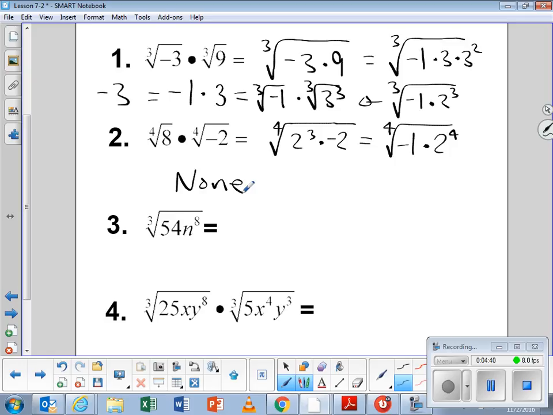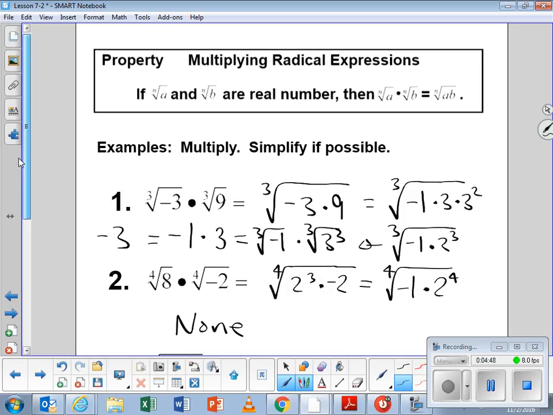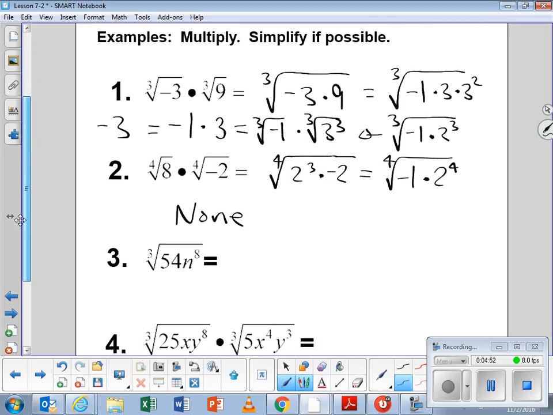But I think in these questions, they're just asking for real roots, because it says simplify if possible. Multiply and simplify as possible. So if I just go ahead and multiply, I get the fourth root of negative 16, but that doesn't simplify. I can't take the fourth root of a negative number.